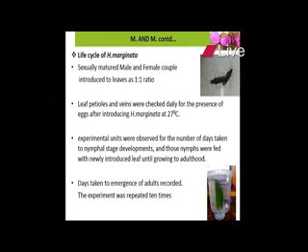After that, experimental units were observed for the number of days taken for nymphal stage development, and those nymphs were fed with new leaves until they reached adulthood. Days taken to emergence of adults was recorded.